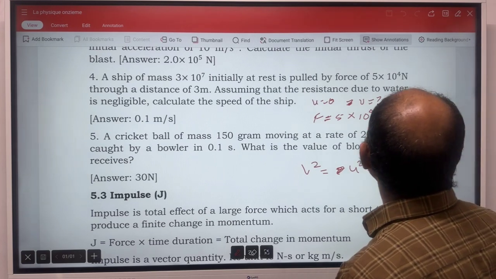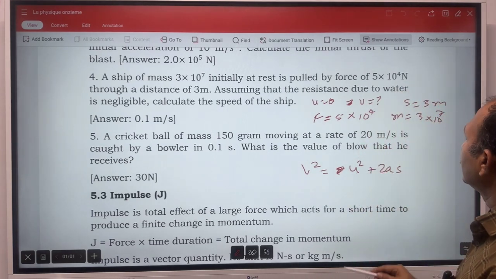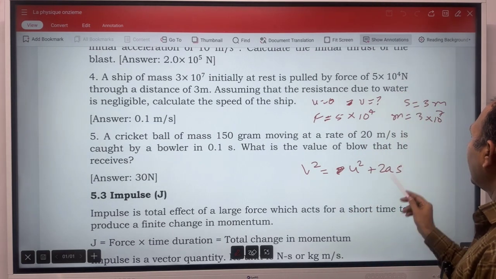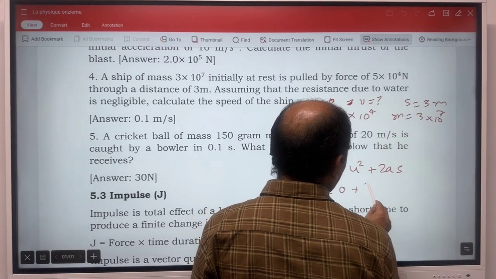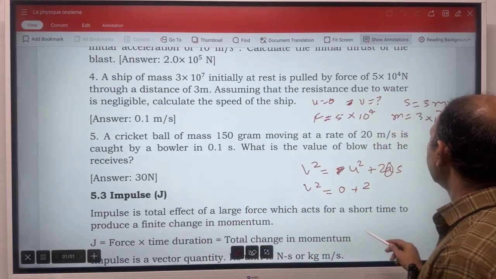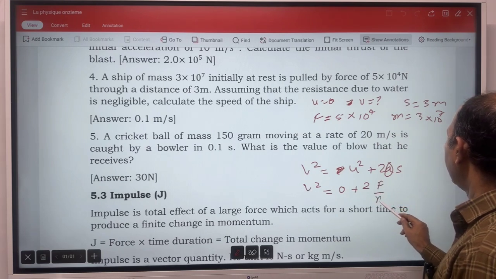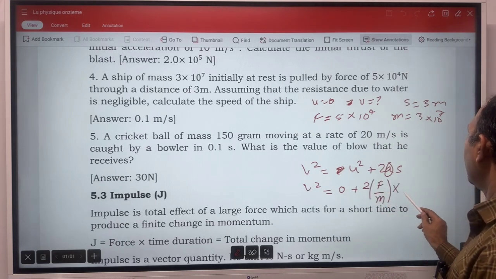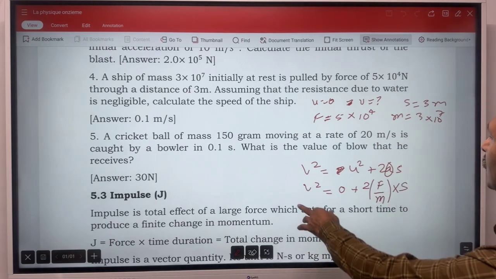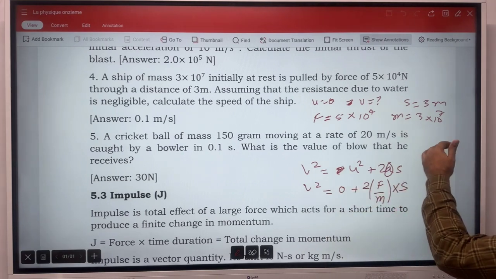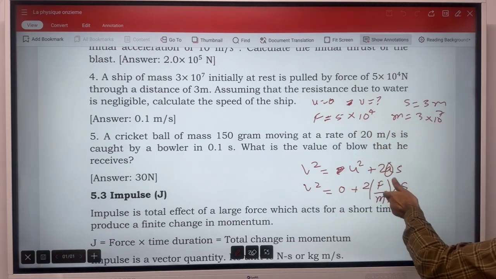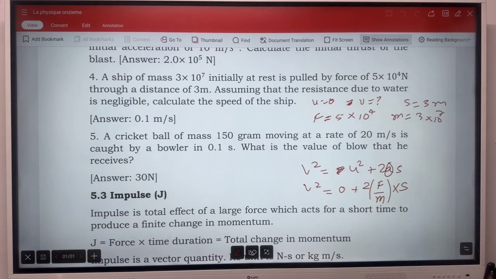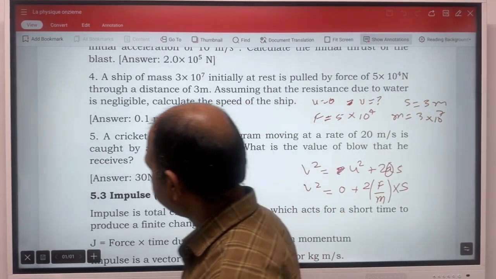Here our concern is to get V, U is 0. Here what will you do? V square equal to, this is 0, don't write it, 2A. In place of A, just write F upon M and then S. You will get V square because F is given and M is given, so you will get acceleration. And S is given, then you can evaluate.